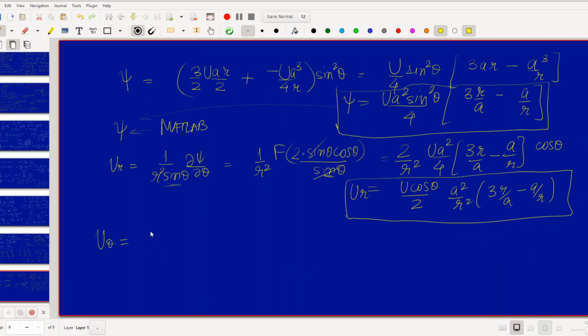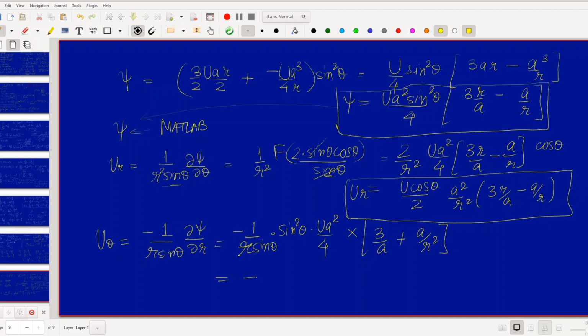U theta is equal to minus 1 upon r sine theta del psi by del r. So minus 1 upon r sine theta times sine square theta times u a square by 4 times derivative of this with respect to r. So this becomes 3 upon a plus a by r square.